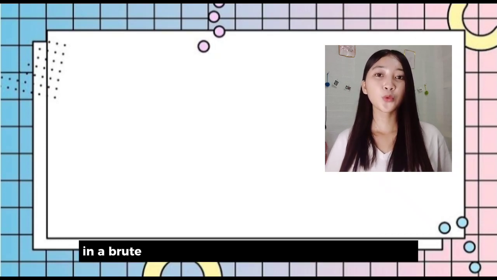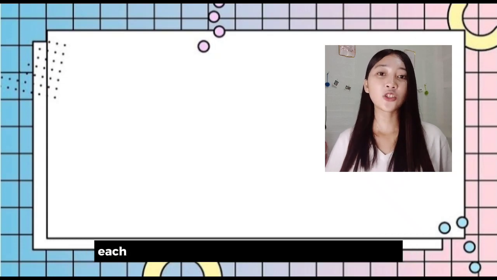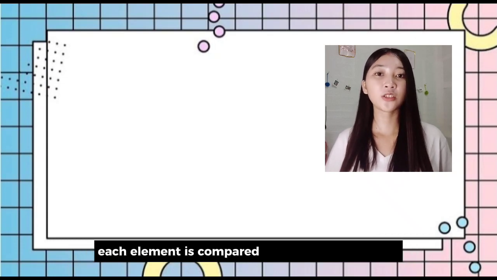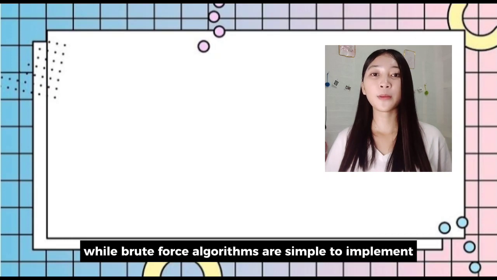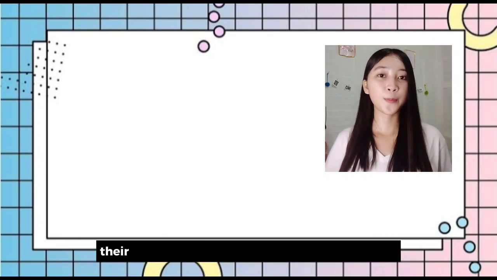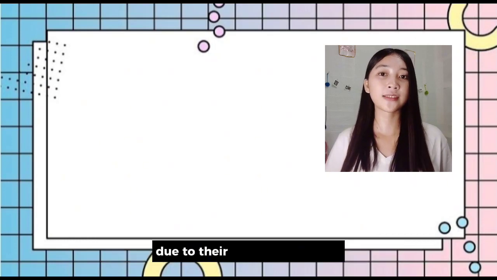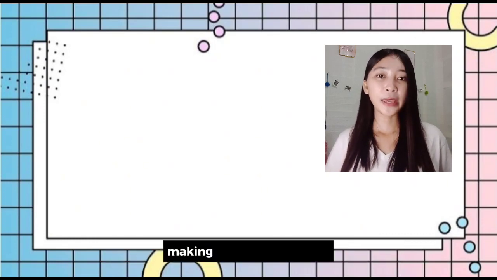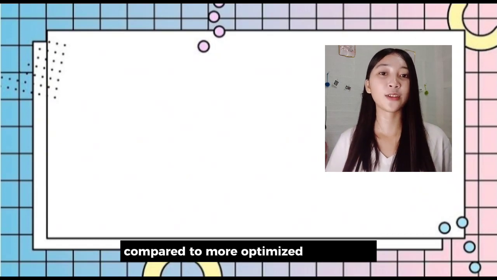Similarly, in a brute force search for the maximum value in a list, each element is compared to find the largest one. While brute force algorithms are simple to implement and understand, their performance can be poor for large datasets due to their exhaustive nature, making them less efficient compared to more optimized algorithms.